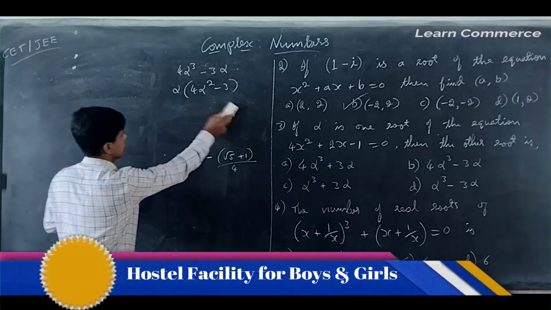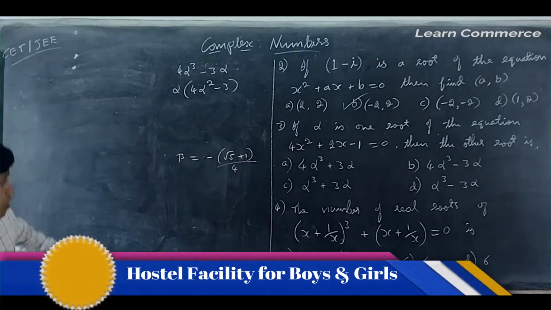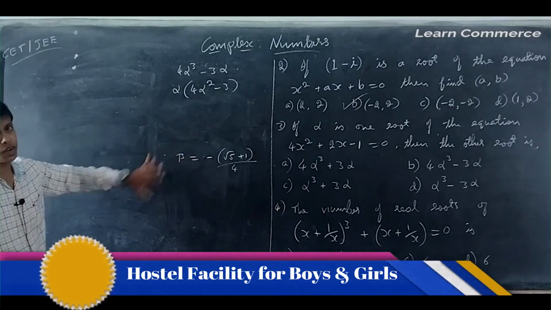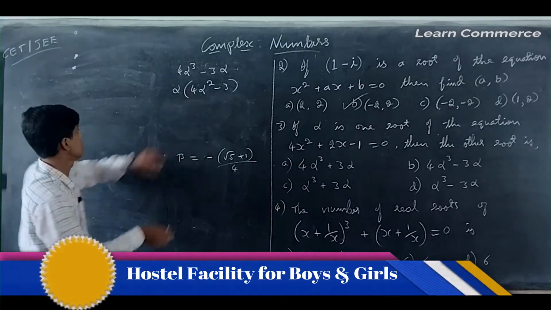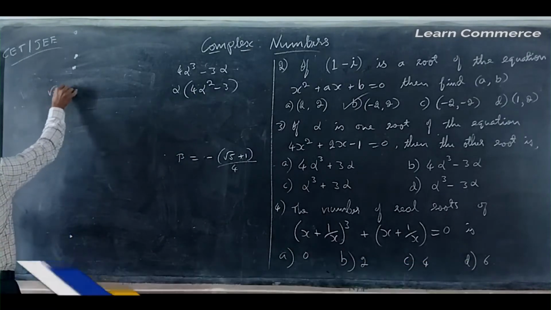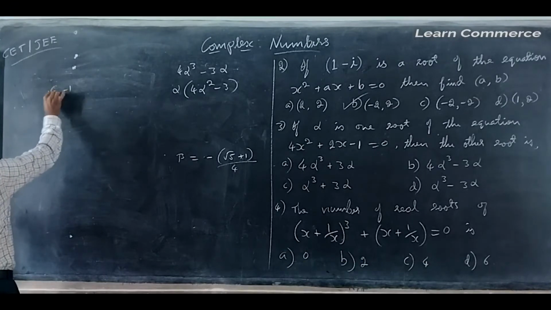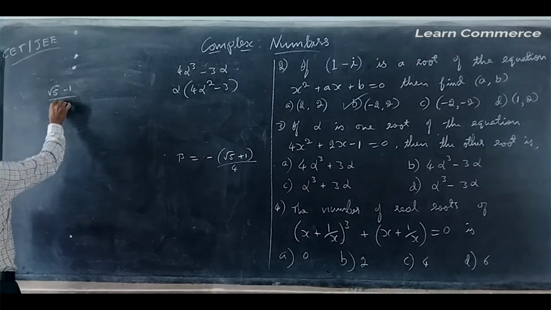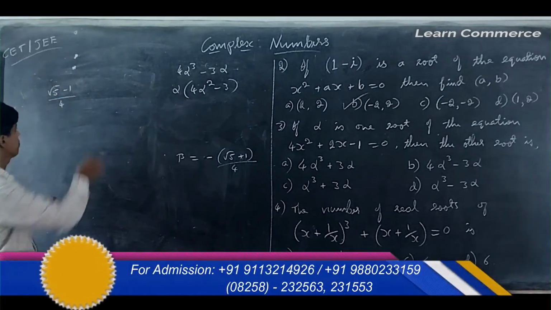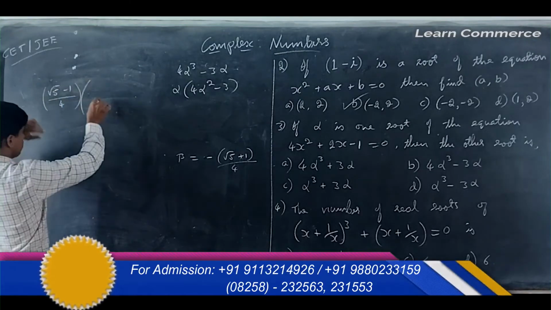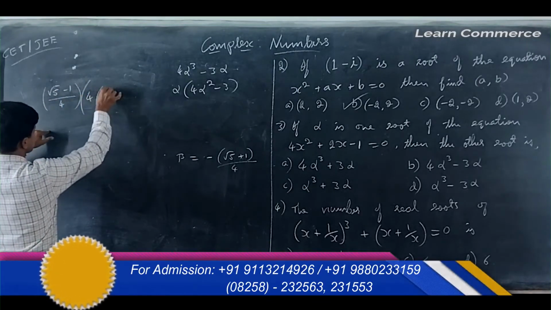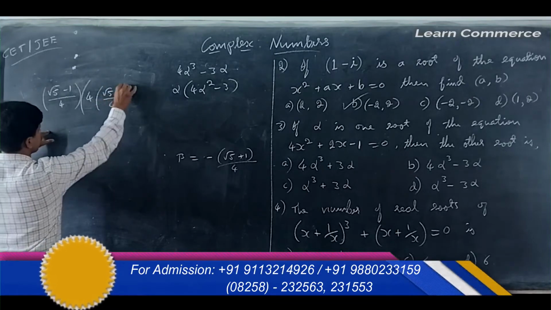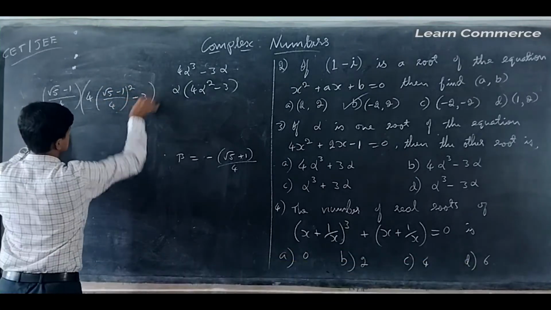Okay, so understand, I'll continue from here. Okay, I need that beta to verify whether I have got the answer or not. So this is root 5 minus 1 divided by 4, right, into 4 and alpha square root 5 minus 1 divided by 4 the whole square minus 3.